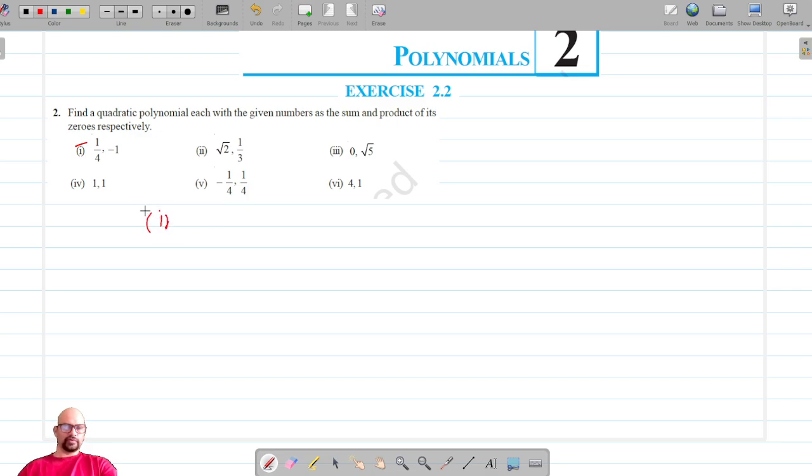So we know that for the zeros, we are going to consider them as alpha and beta. So this is the sum of the zeros, that is alpha plus beta is equal to 1 by 4, and the product of the zeros, let's consider that as alpha beta, which is negative 1.